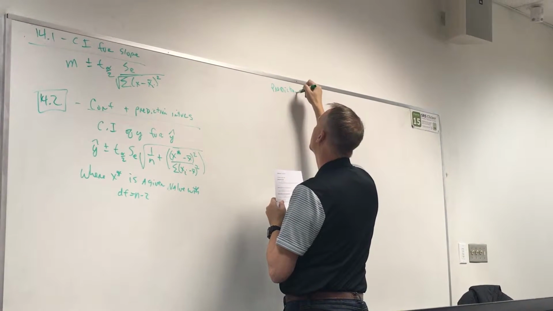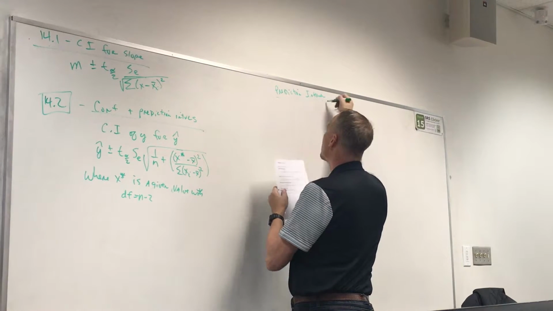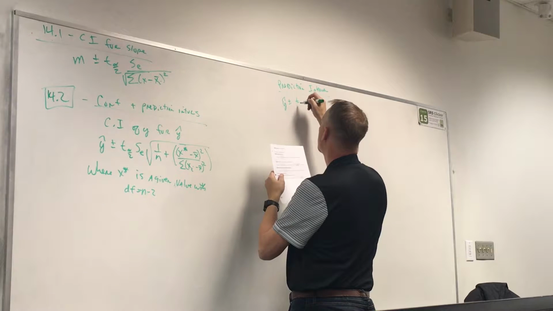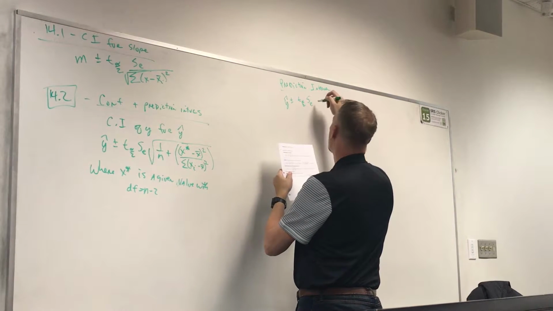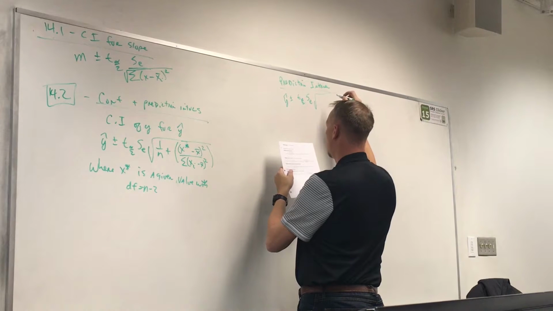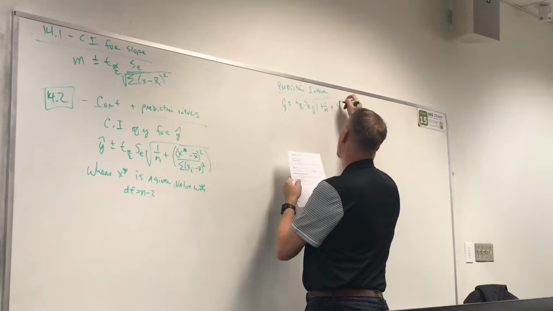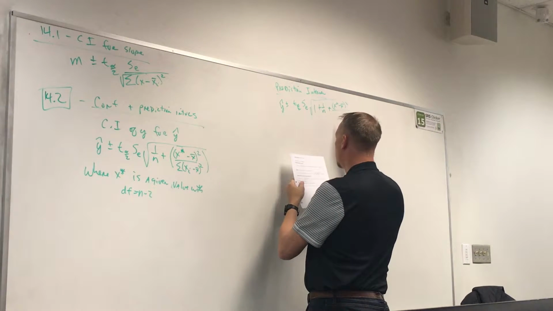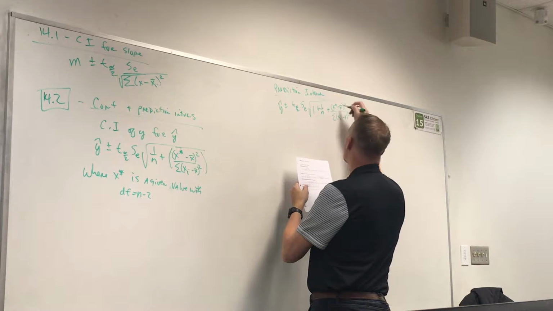Not to be confused with the prediction interval. I'm going to give you both of these formulas. The prediction interval is y hat plus or minus t sub alpha over 2 times s sub e times the square root of 1 plus 1 over n plus x star minus x bar squared over the sum of xi minus x bar squared.